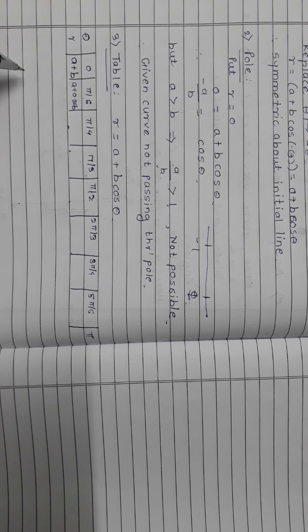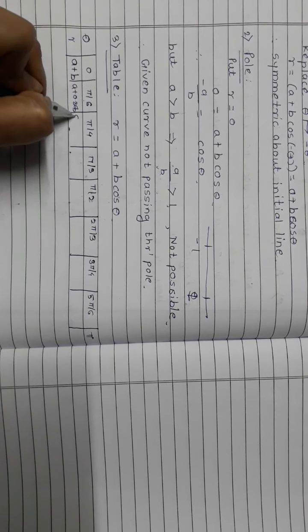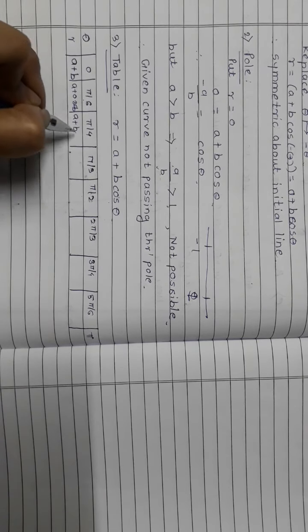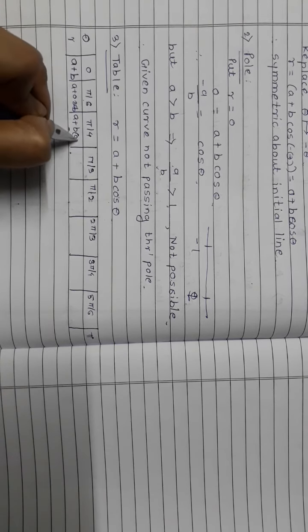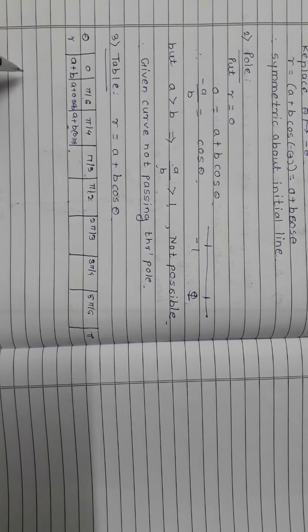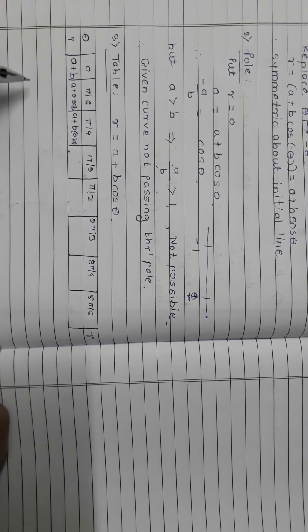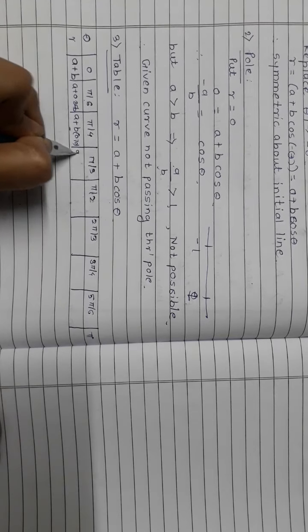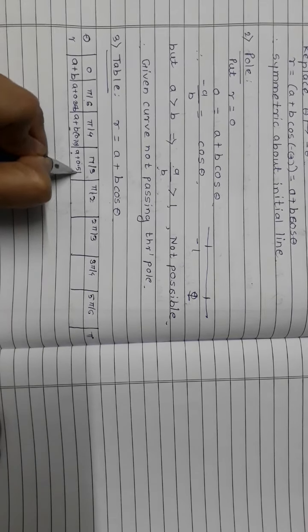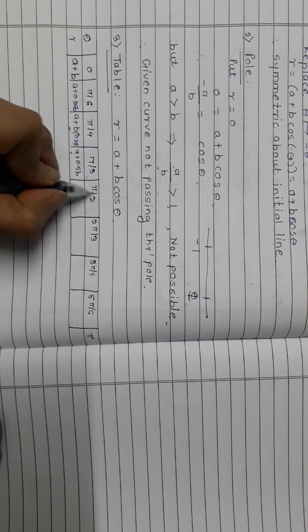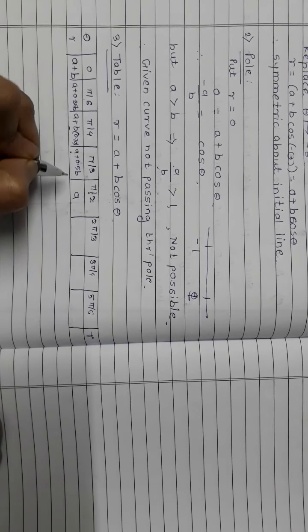Then cos pi by 4 is 1 by root 2, which is nearly 0.70. So I'll write this as a plus b into 0.70. Cos pi by 3 is 0.5, so this is a plus 0.5 times b. Cos pi by 2 is 0, so this is just a.